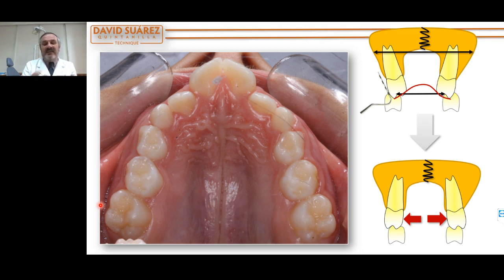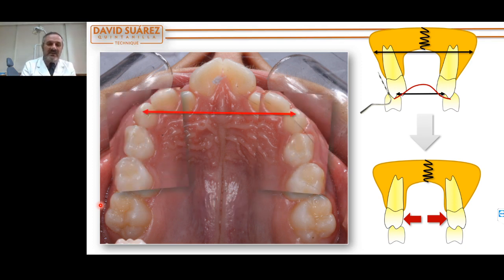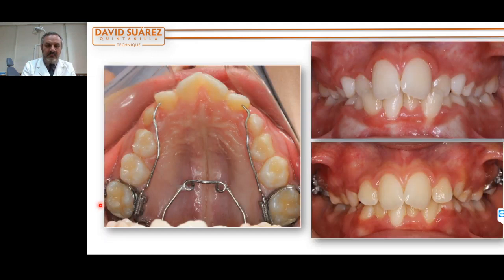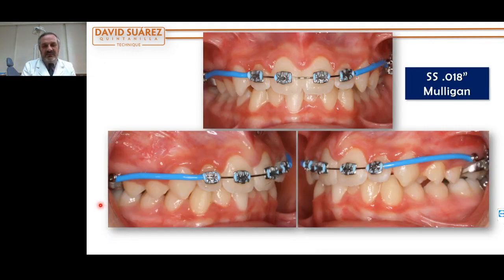In this case, it's a very simple dental expansion, only expanding the maxillary with a Coagelis, a very simple treatment, only a Coagelis to produce a protrusion of the lateral incisors and the canine, okay, and this is the end of the first phase of the treatment.